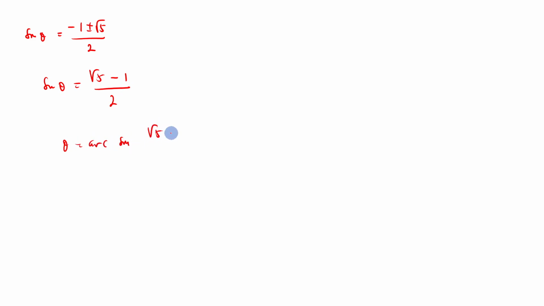Okay, we get sin theta equals minus 1 plus or minus square root of 5 divided by 2, and we take the plus sign at the square root of 5, so we get like this, and theta is arcsin of the square root of 5 minus 1 divided by 2.